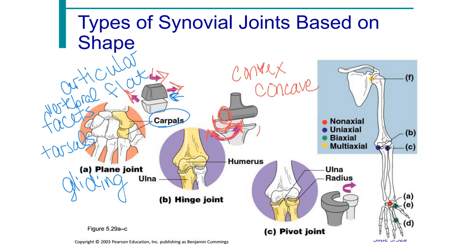An example would obviously be our elbow. Our elbow is a hinge joint. I can't rotate it. I can't wiggle it side to side. It will just bend into flexion and extension.